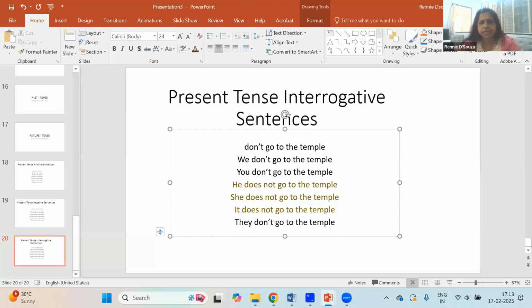Subject is who, right? I, you, they, we, he, she, it, all of that comes as the latter part. Alright. So do comes first. Don't I go to the temple? Don't we go to the temple? Right? As well as, don't you go to the temple?